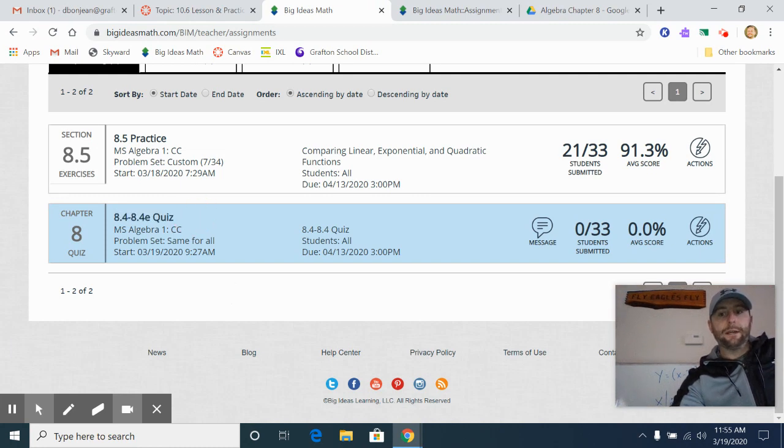It's going to be worth 10 points. You guys only have to do questions 1 through 10. I think there's 10 questions in here, but I can't pick and choose questions for quizzes in here for some reason. So again, you just have to do 1 through 4. I will grade it accordingly. So it'll be out of 10 points because there are 10 answers that you need to give.